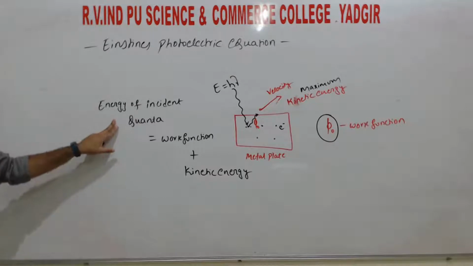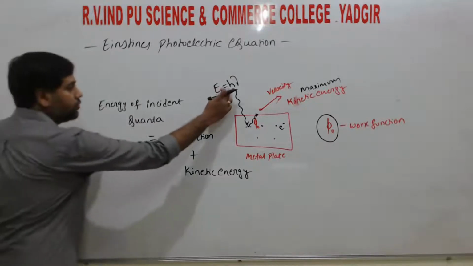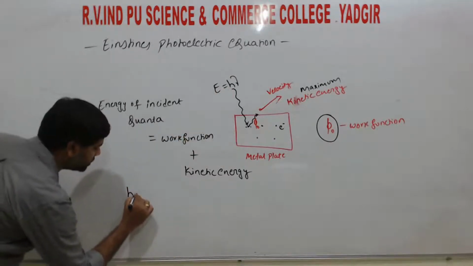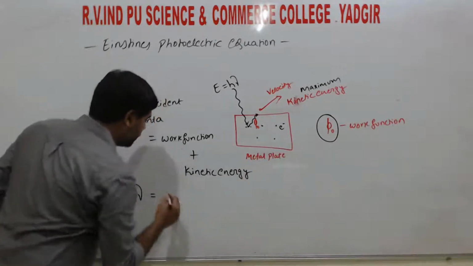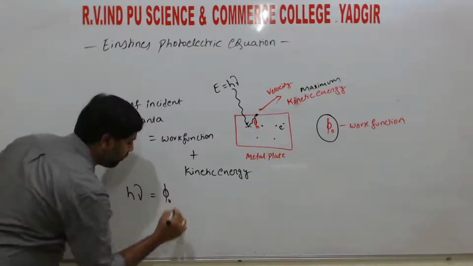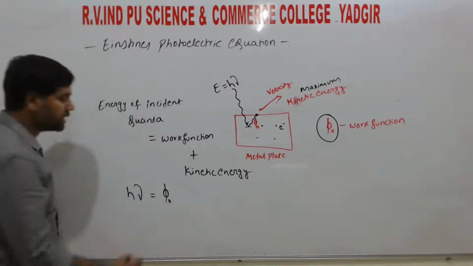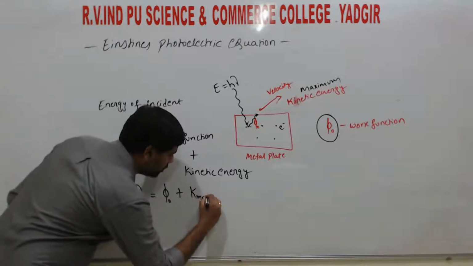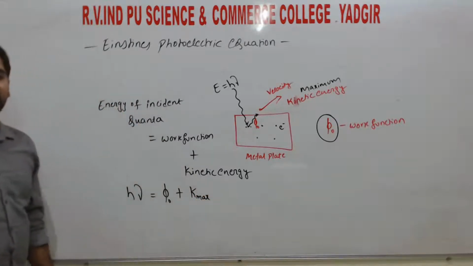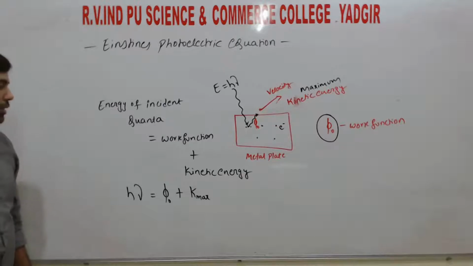So the energy of the incident quantum, we can write as h nu, is equal to the work function, which we denote by phi naught, plus the maximum kinetic energy, that is K maximum, right?